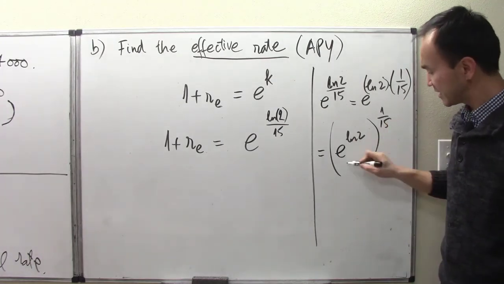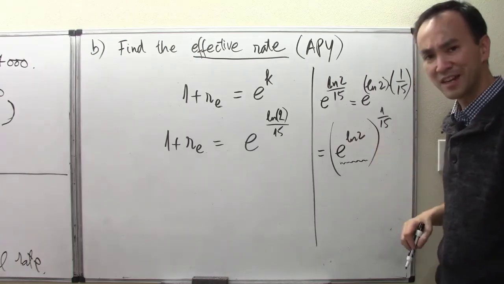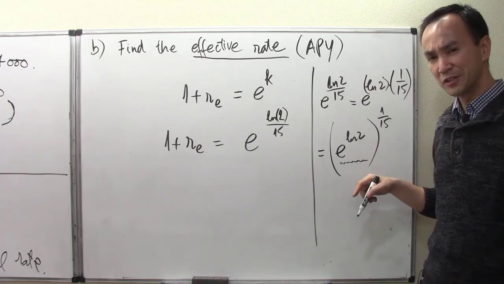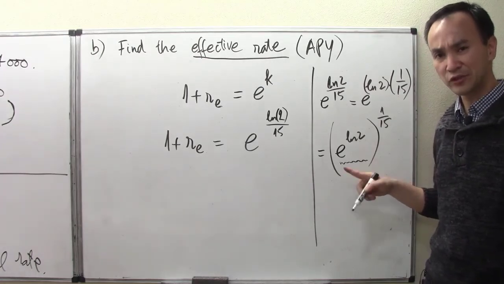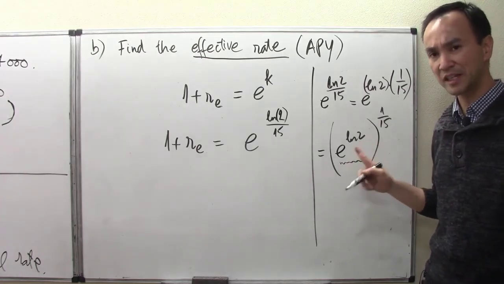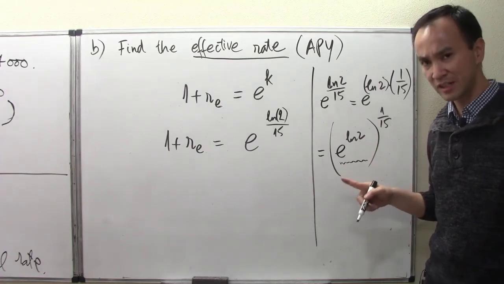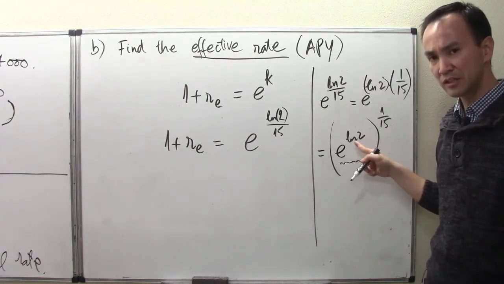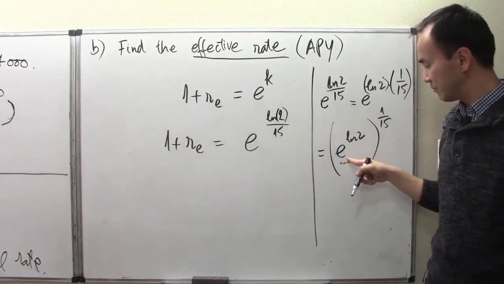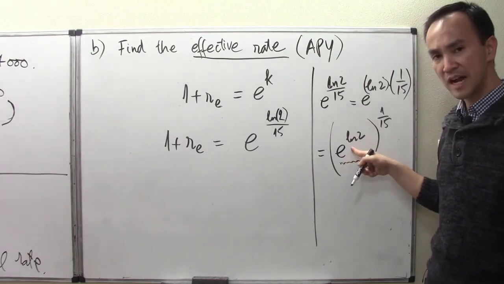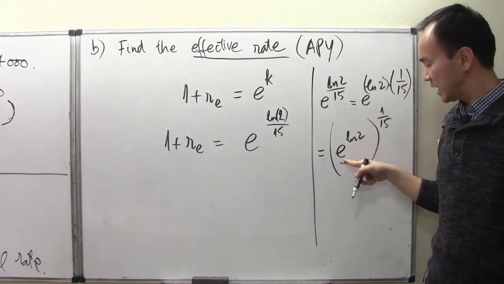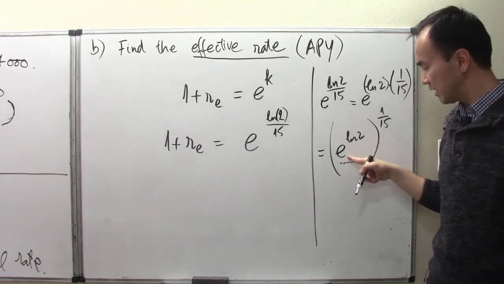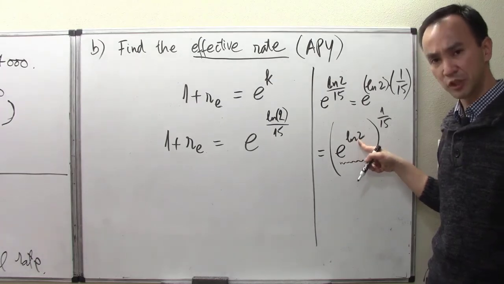Okay, so let's have an even closer look at that inside part right here. E to the natural log of 2. Recall for yourself, natural log is the log base e. Natural log of 2 means log base e of 2. And here I'm looking at e raised to the power of log base e of 2.